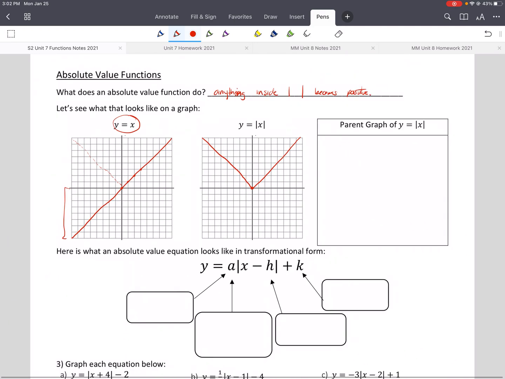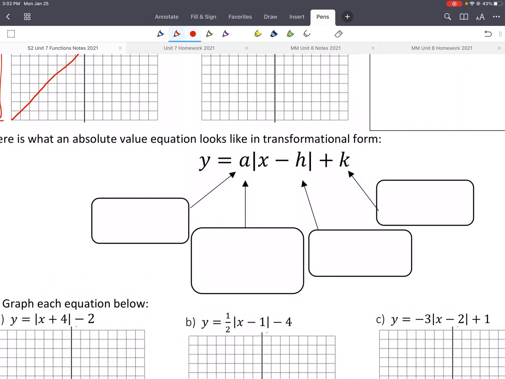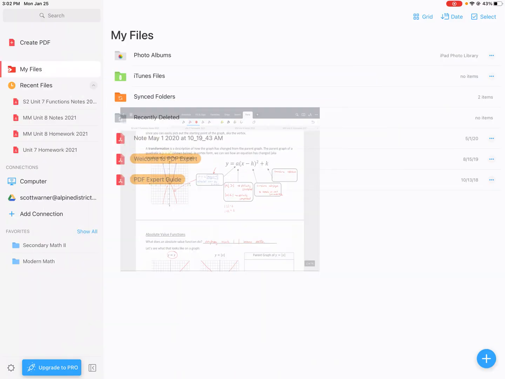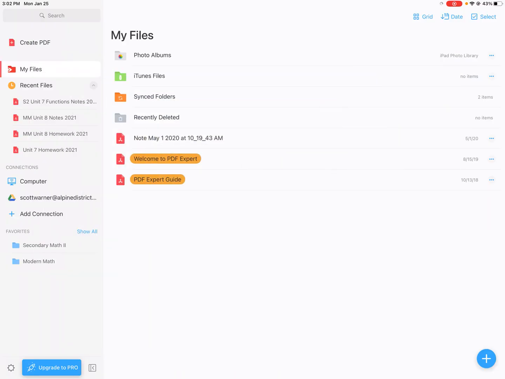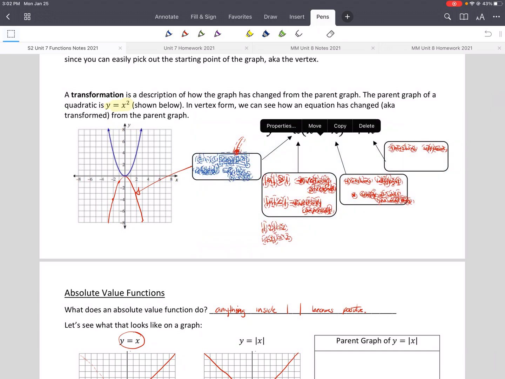Now let's talk about the transformations for an absolute value function. The nice thing is that it does basically the same thing. Let me go back, sorry. What I meant to do is to just copy this.